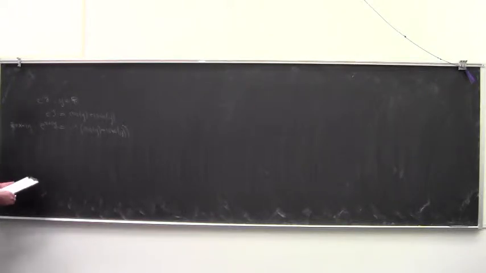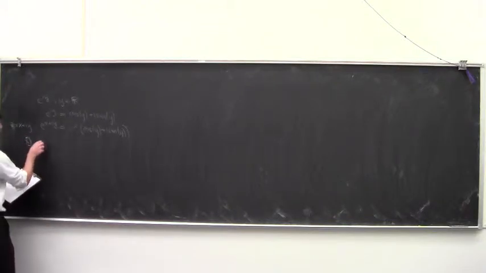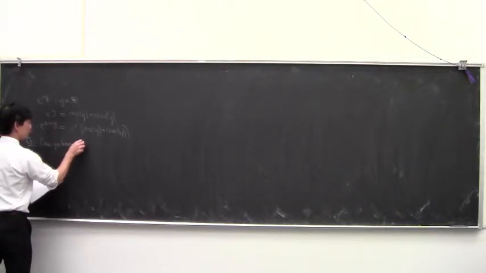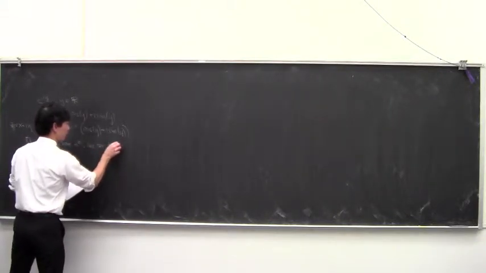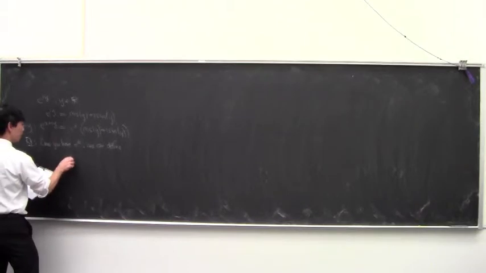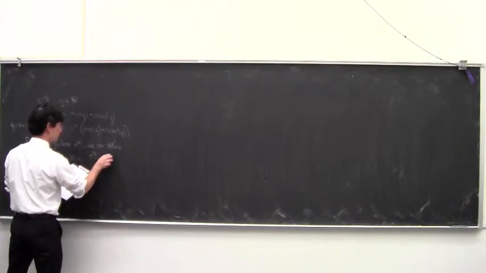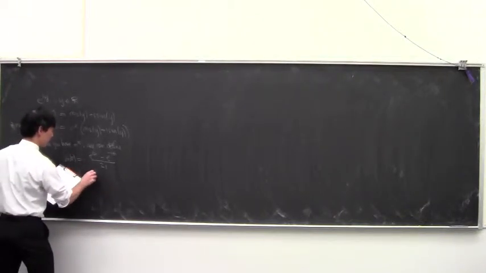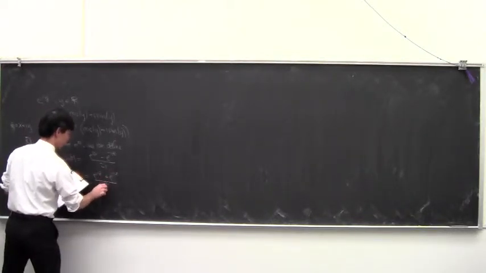Okay. So just as a remark, once you have the exponential function, one can define the sine function as e to the iz minus e to the minus iz over 2i, and the cosine function you can define as e to the iz plus e to the minus iz over 2.